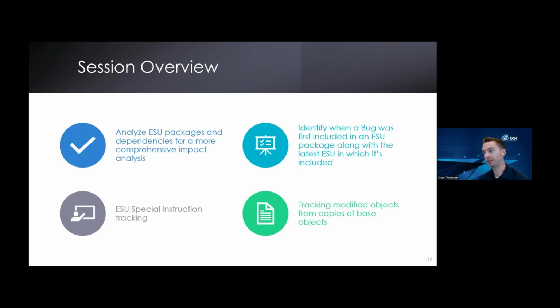Well, this gives you most of that same capability without the need to have it on the deployment server. We're also going to go over the ability to identify when a bug was first included in an ESU, along with the latest ESU that it is included in. Basically, this first in analysis was brought in as a way to give a better quick button click outlook of when a particular bug was put into an ESU from Oracle.